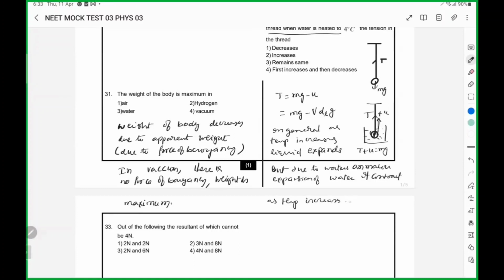Once it contracts, its density increases. Density increases, upthrust increases. As upthrust increases, tension decreases.